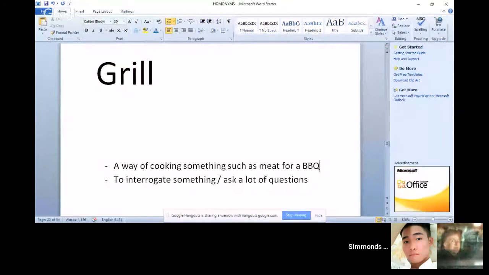And then the other one is to interrogate something. Probably someone would be better. So let's change that. To interrogate someone or ask a lot of questions. This happens when you have to go to the police station and they're going to grill you about a certain topic, place, person, etc. Have we heard the second meaning of this word, grill?